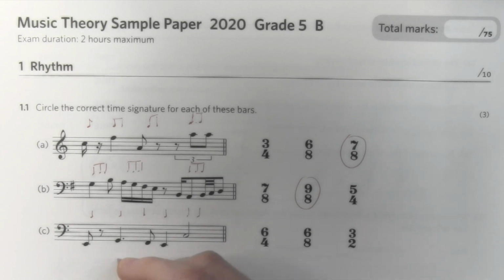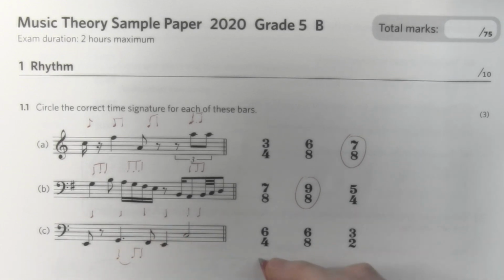So if our time signature were 3/2, this would be written like that, because we can't beam together 2 movements. So we would need to see 1, 2 and 3 movements in this bar. Because we see basically 3 plus 3, the answer is 6/4, because 6/4 is 2 dotted minims.